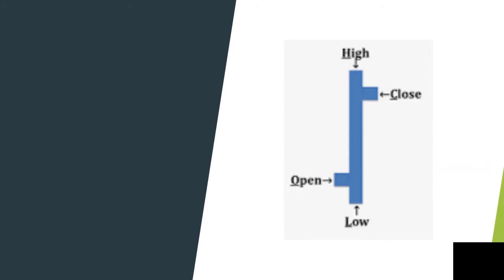Okay, so before we go further into the types of price bar pattern, we take a look at this figure or image. So this is the price bar chart. This one is the lowest price, and this one is the highest price.